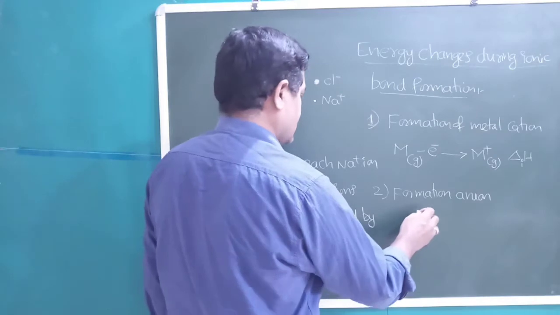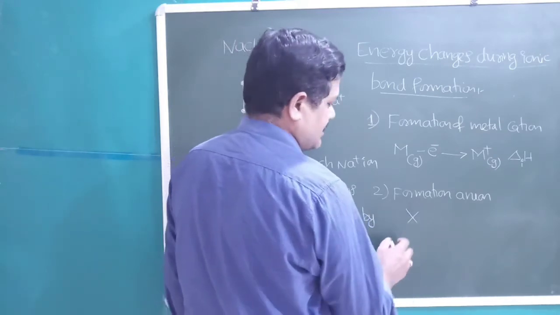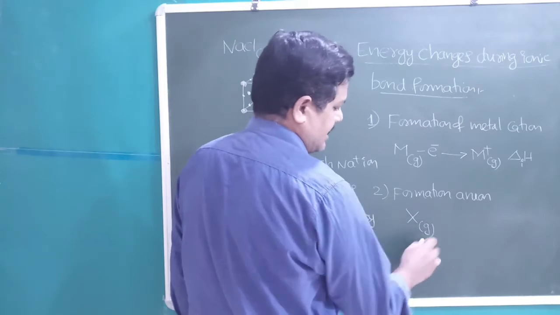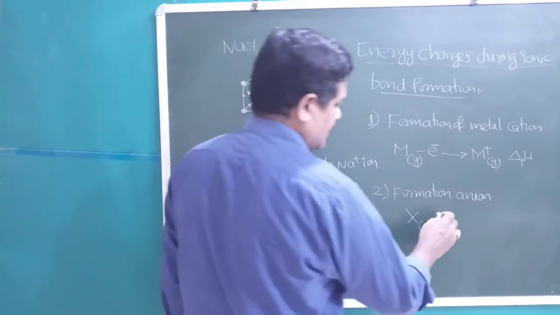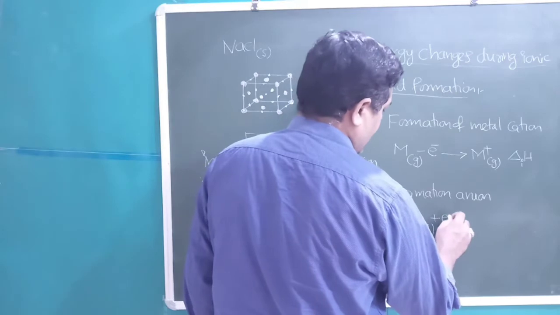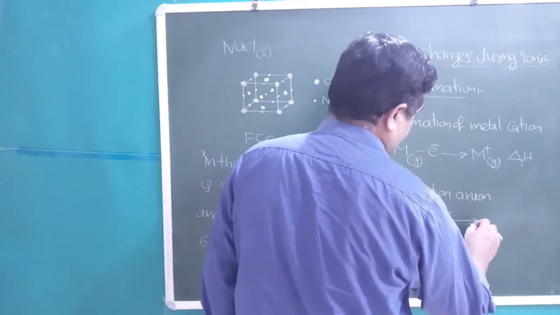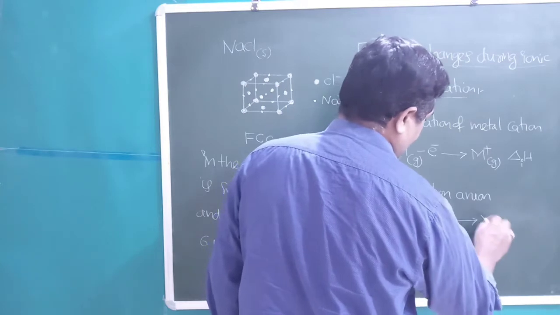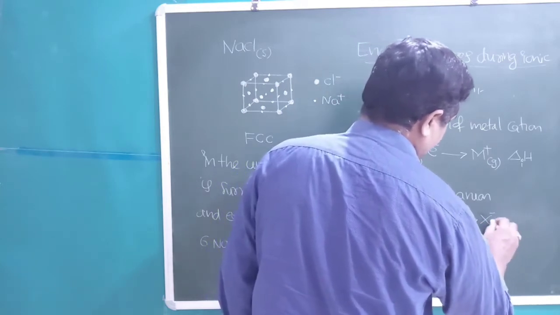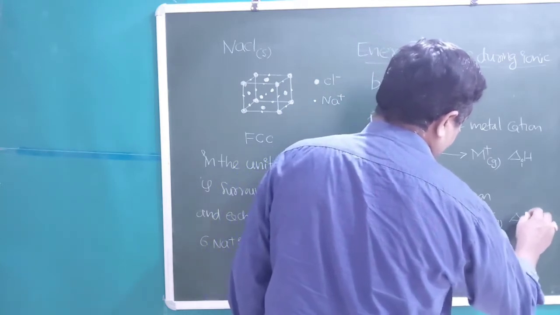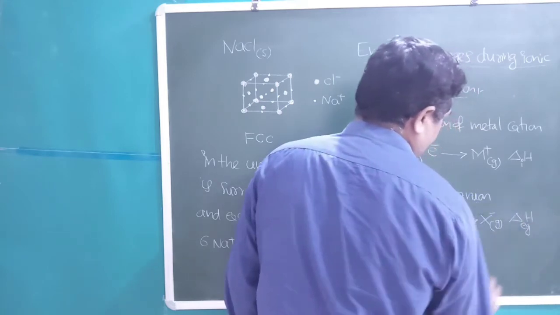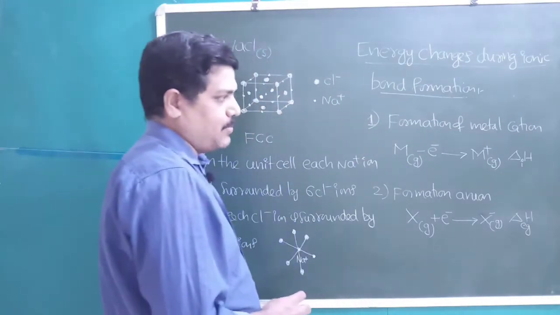Let us consider the non-metal as X. When we add one electron to the non-metal X gas, energy is released and it converts into X minus gas. The enthalpy change accompanied with this process is electron gain enthalpy.